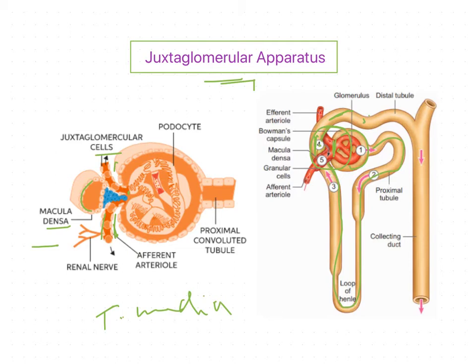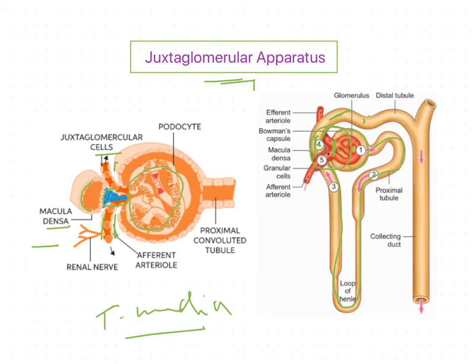So the juxtaglomerular cells are formed by epithelioid cells in the tunica media of the afferent arteriole, and also some agranular cells. Here the blue ones, the agranular cells, are also present between the macula densa and the glomerulus proper. All these constitute the juxtaglomerular apparatus.